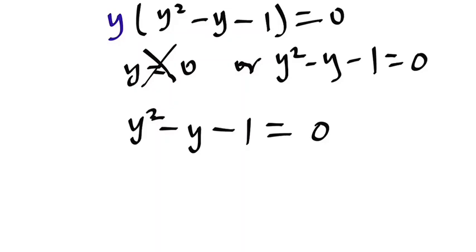Alright, so here, what are we going to do? So now let's try to compare this y to the power of 2 minus y minus 1 to a quadratic equation. So therefore, a here is going to be 1, b here is going to be minus 1, and c here is going to be also minus 1.